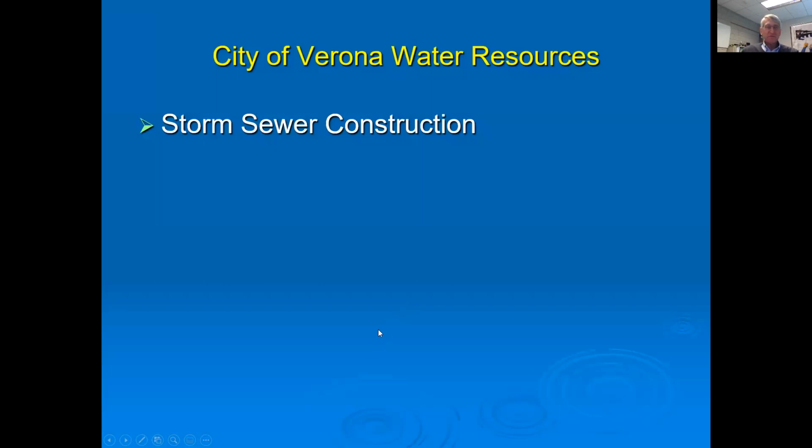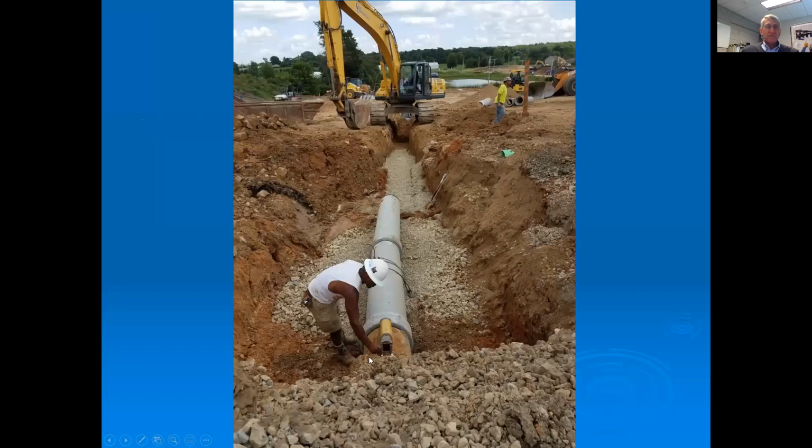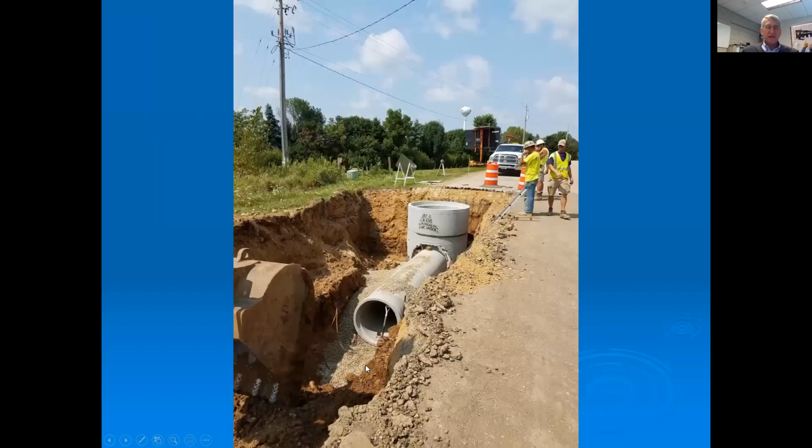Some typical storm sewer construction. City-owned storm sewer pipe is always concrete pipe. So if you see gray pipe going in the ground, you know that it's storm sewer pipe. It's typically our shallowest pipe in the ground, and it has the most variety of sizes of all of our utility pipes, anywhere from the typical small end, 12 inches in diameter, all the way up into 6x6 box culvert sizes.